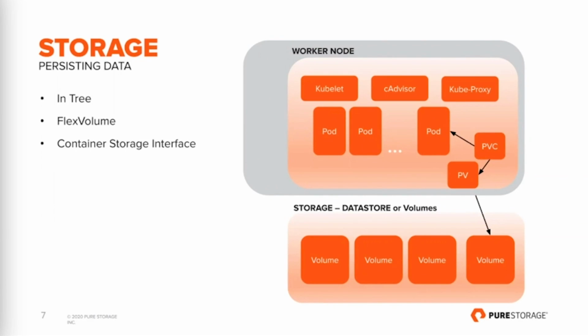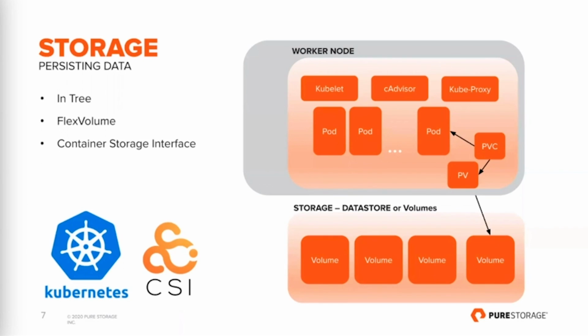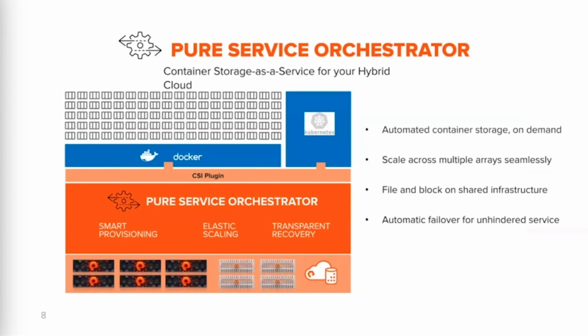And every flavor of Kubernetes, like if you look at the previous slide, may have done it in a slightly different way, which made it very hard to support. And so that's why we are now talking a lot about CSI, the container storage interface. It obviously provides a set of APIs that anyone can integrate into. And I'll talk a little bit more about how we did that, right?